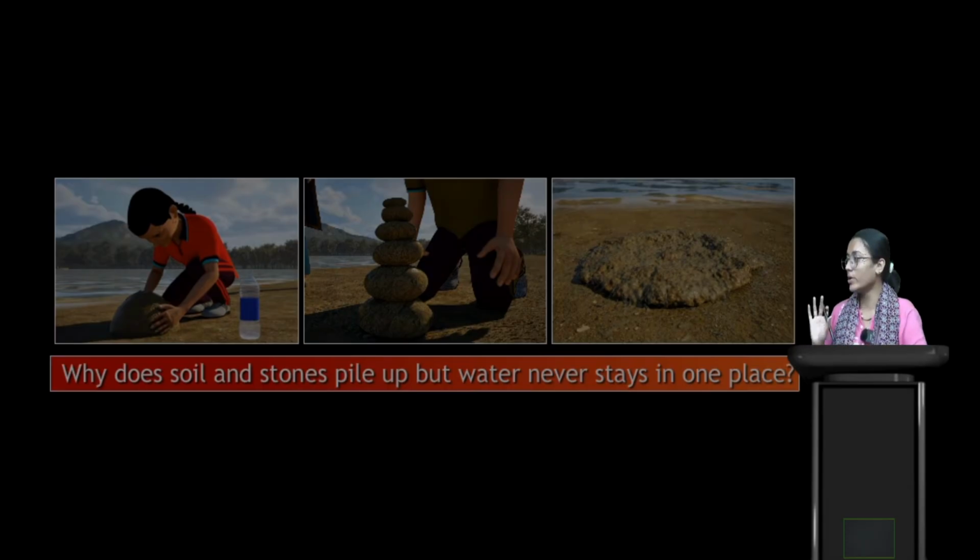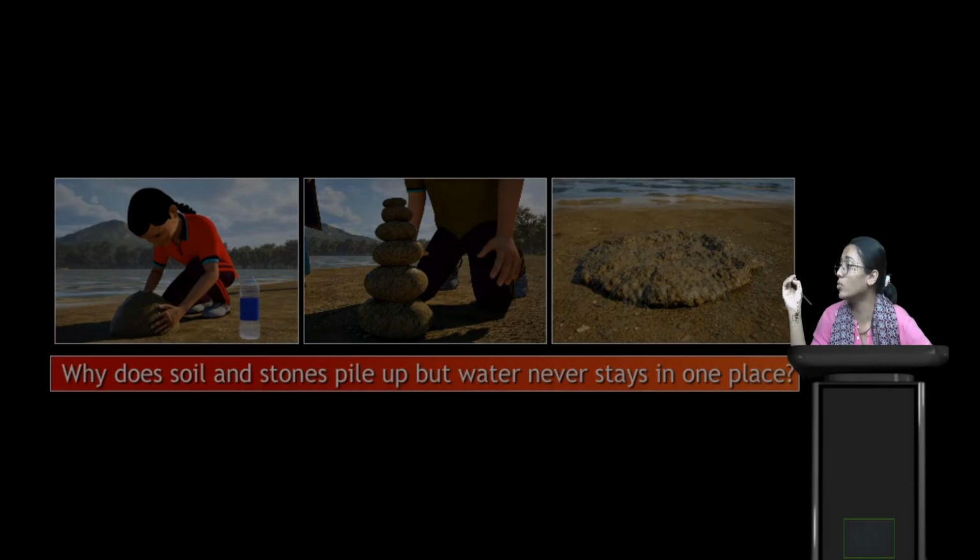See, have you ever wondered, stone or clay or soil or whatever we are observing, like the bench you are sitting on, your books, copies, pen, all of them have their own shape. But the water you are drinking doesn't have any particular shape, right?